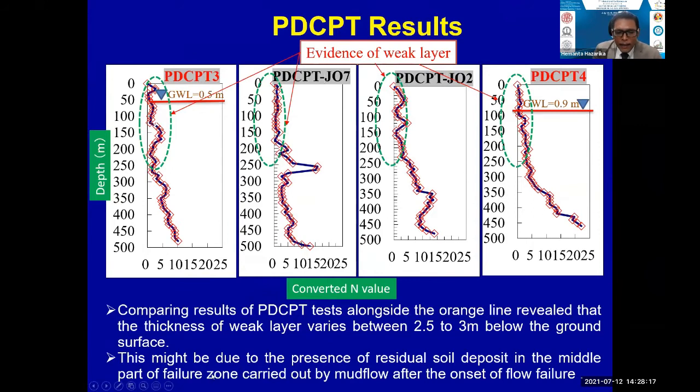This might be due to the presence of residual soil, because this whole area flowed, so there are some residual soil deposits, and we started from the existing ground surface. Initially, of course, this weak layer should always be there. So this is all mud flow deposit due to flow failures.